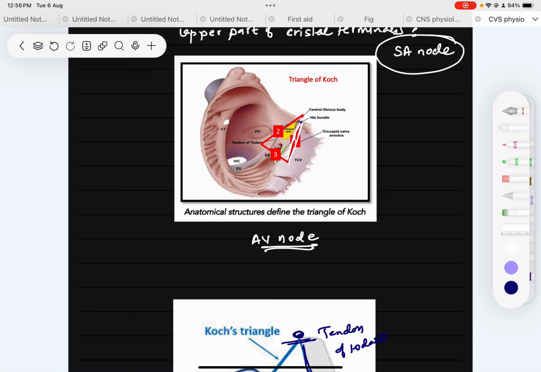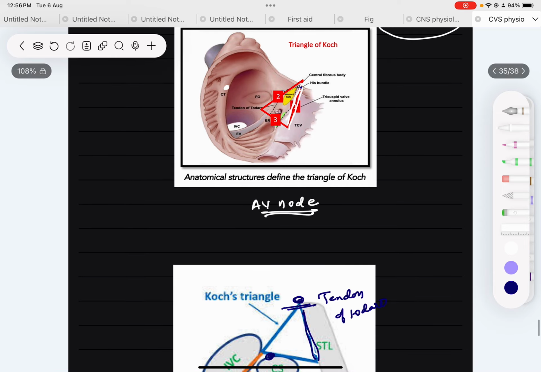IVC opening has the eustachian valve and coronary sinus opening has the Thebesian valve, and this coronary sinus opening plus septal leaflet of the tricuspid valve plus tendon of Todaro will form the Koch triangle, and here there will be location of AV node. This AV node is located on the atrial septum, mostly posterior-inferior part.